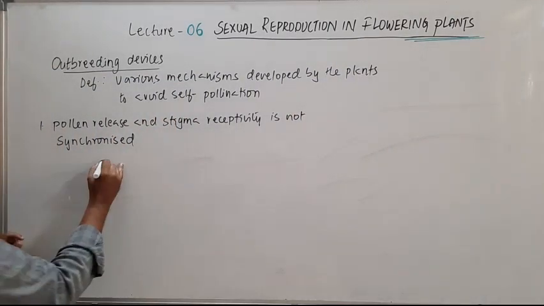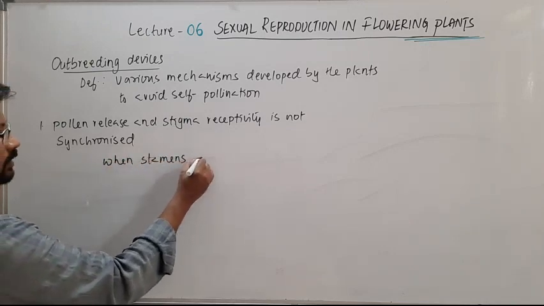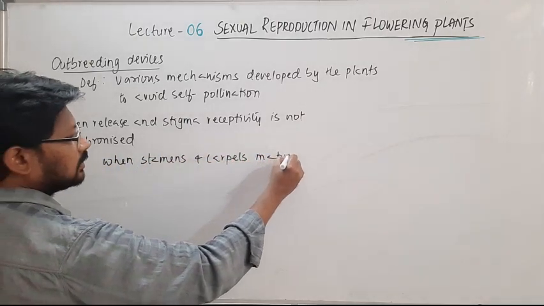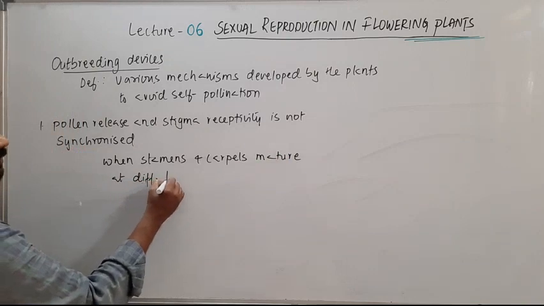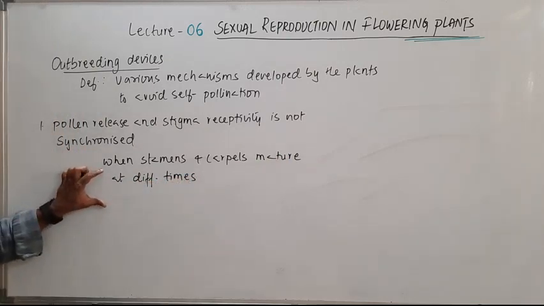So now here, when stamens and carpels mature at different times, the stamens may mature earlier than the carpels, or carpels may mature earlier than the stamens.